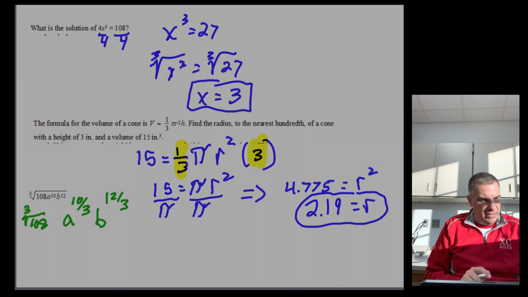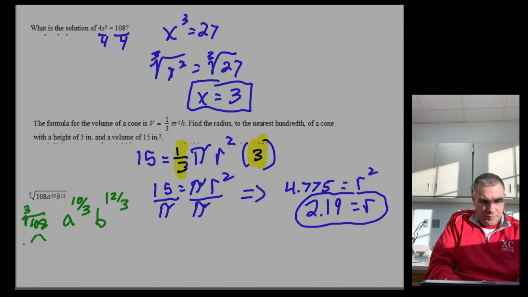So we have to break down 108. 108 divided by 4 is 27. So you get 4 and 27. That's 2 times 2, and 27 is 3 times 3 times 3.